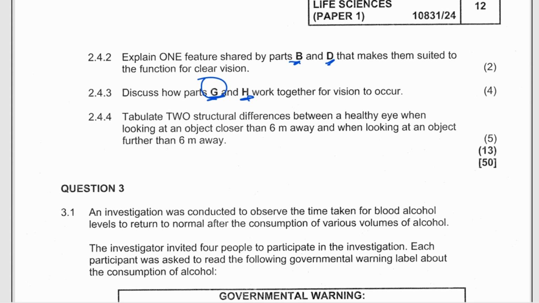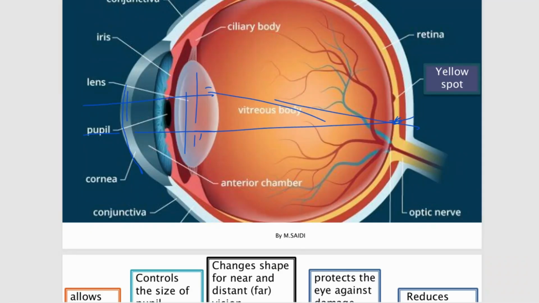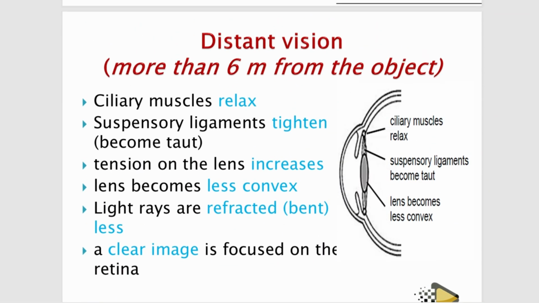Then they're saying to tabulate the structural difference between the eye viewing an object at 6 meters and that of one more than 6 meters, meaning far and near. When they say tabulate, you have to draw a table, and then give the differences. So here, the suspensor ligament relaxes and the ciliary muscles relax.